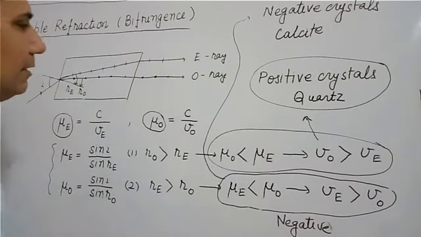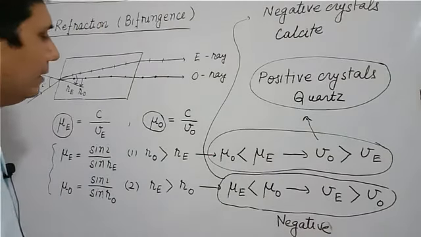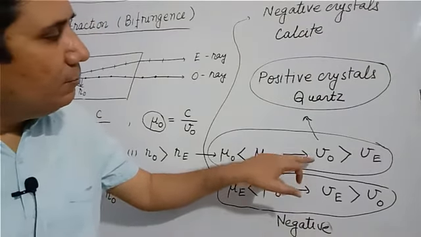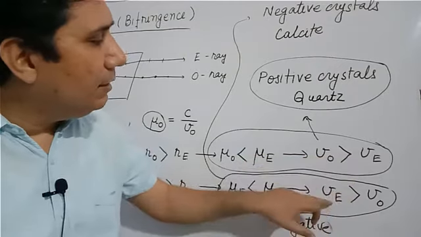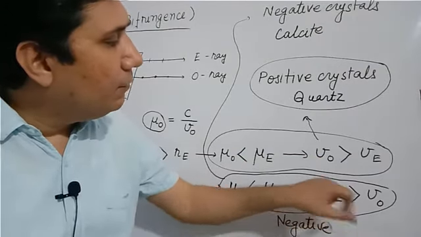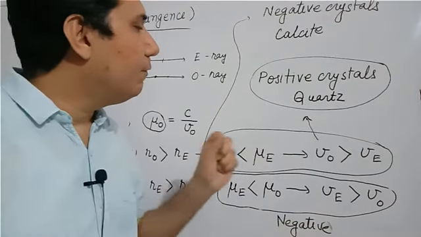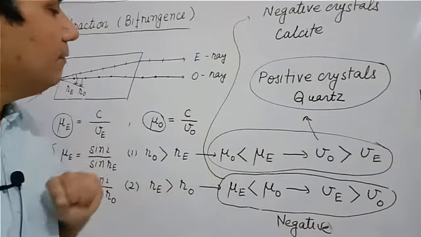Now the question arises: if their velocities are different, meaning VO is different from VE, then how will we draw the wave fronts for O ray and E ray in doubly refracting crystals?